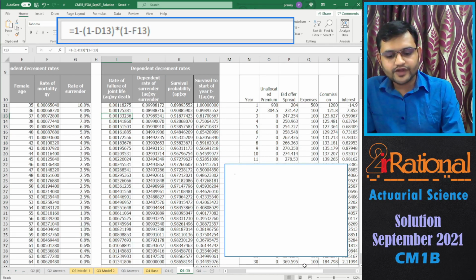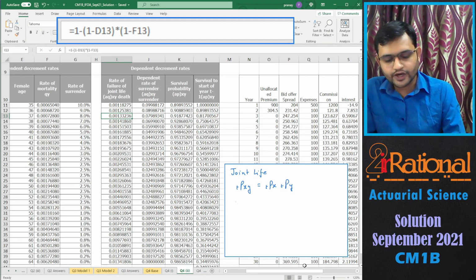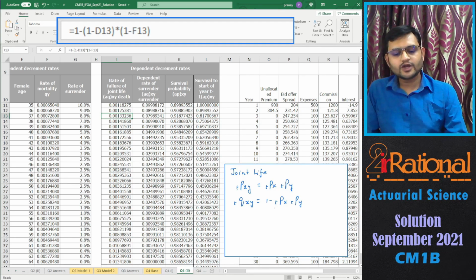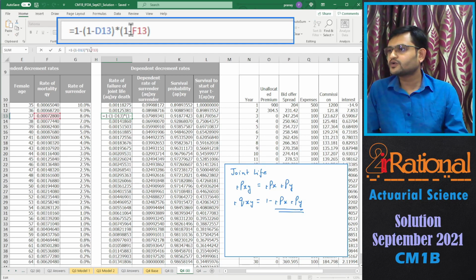So for rate of failure of joint life, we know that our TPXY must be equal to TPX into TPY, and if joint life ends, that is our TQXY would be nothing but 1 minus TPX into TPY. We'll use independent probability of survival from the tables given to us and make this particular formula.